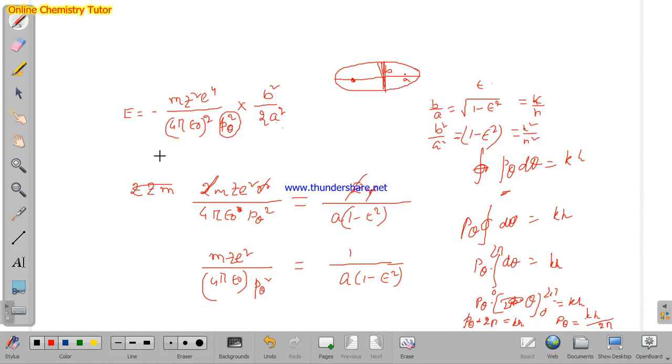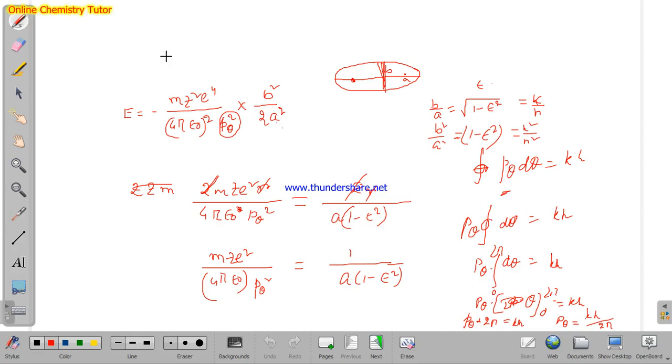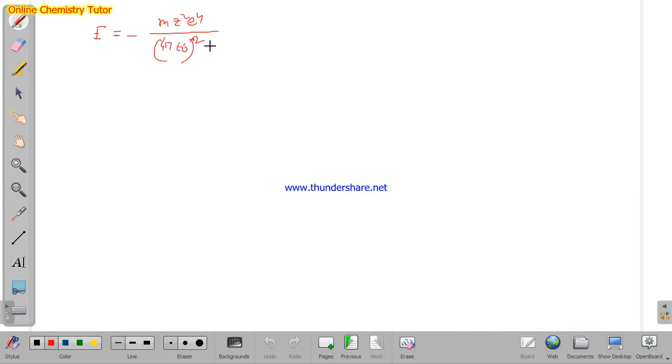So what we'll get on our next page: E equal to minus m z square e to the power 4 by 4 pi epsilon naught whole square into p theta square. So p theta equal to kh by 2 pi, and p theta square will represent kh by 2 pi whole square.